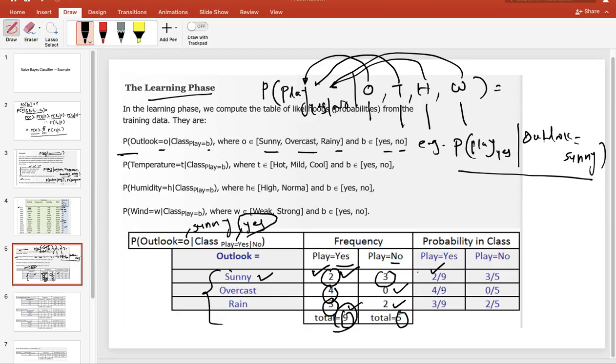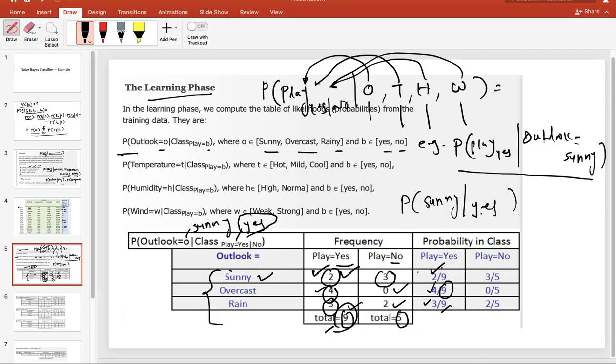So 2 by 9. Similarly, we played total 9 days, and out of those 9 days only 4 days were overcast, right? So 4 by 9. Again here you can see out of 9 yes, the outlook was rainy thrice. So this probability is precisely the probability of sunny and play is yes.